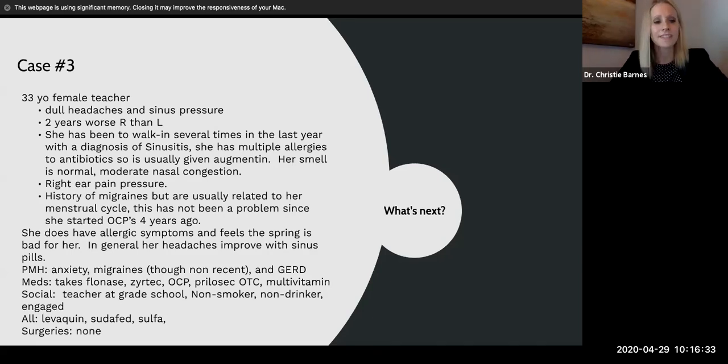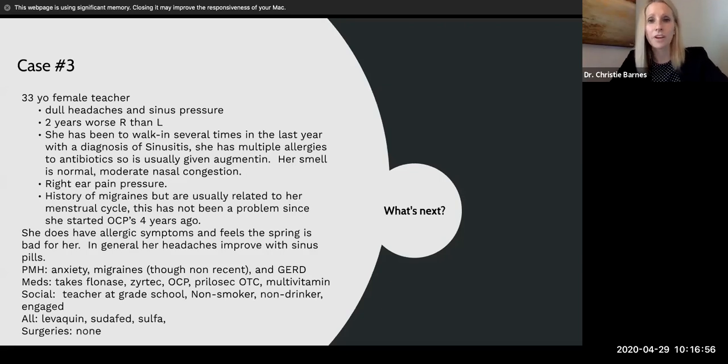She does have a sort of red herring: a history of migraines that are more hormonal related, which seem to have improved after she started OCPs. She already takes Flonase and Zyrtec for some mild allergy type symptoms, and those are really well controlled.